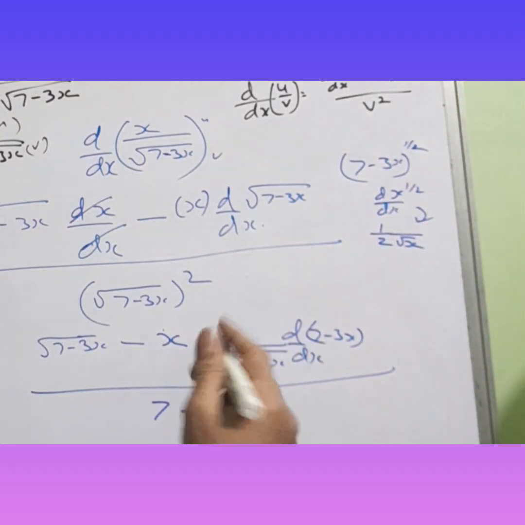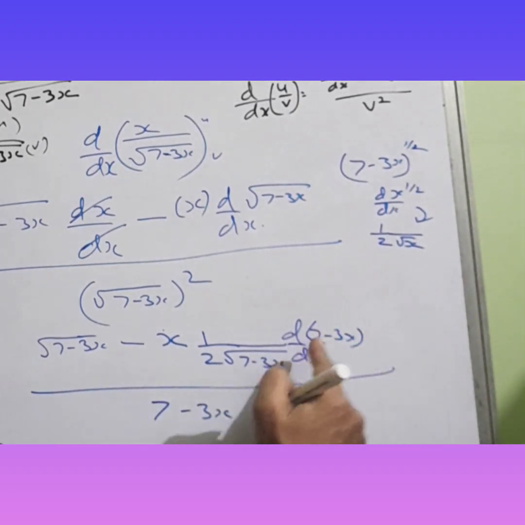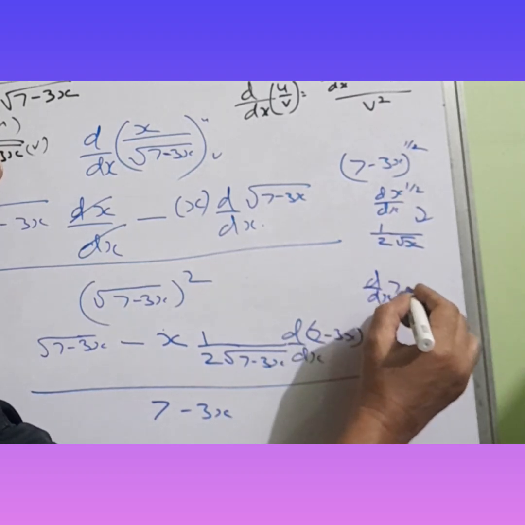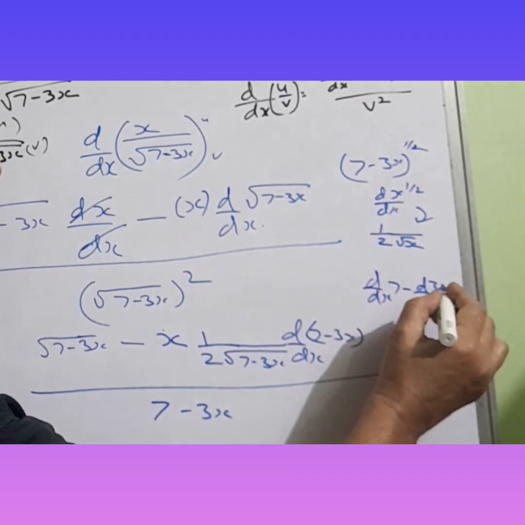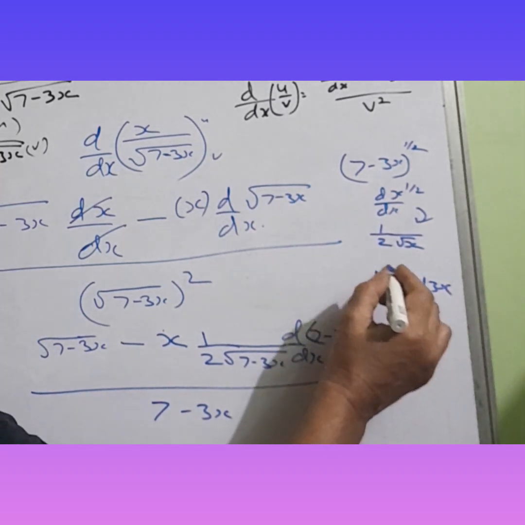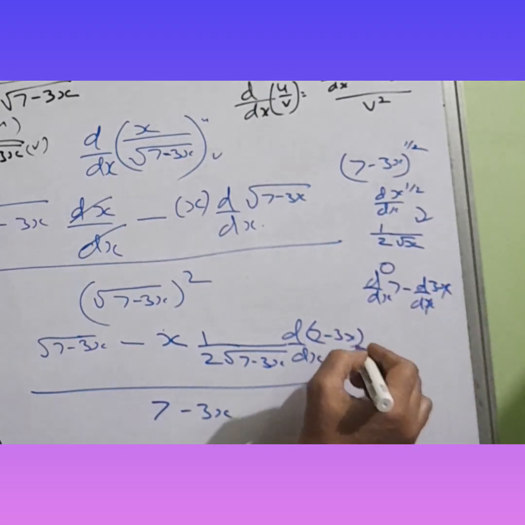Alright, so here now see we did this. So when we do this, what is the solution for this? I'll just jot it down over here. Now we know it would be d by dx of 7 minus d by dx of 3x. Alright, so we know d by dx of constant is 0 and this x disappears and what remains is 3.